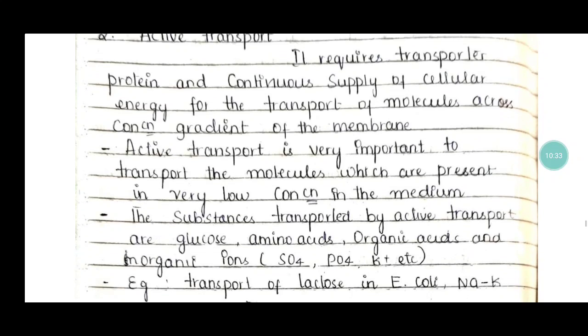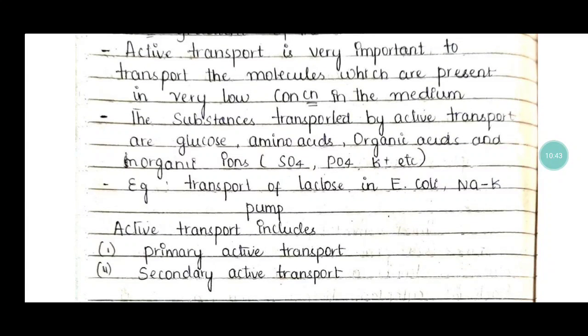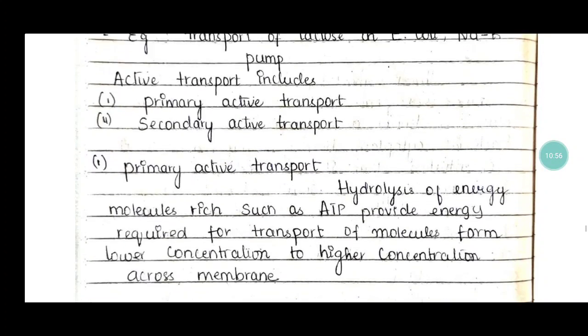The substances transported by active transport are glucose, amino acids, organic acids and inorganic ions. Examples of active transport are lactose transport in E. coli and the sodium potassium pump. So active transport includes primary active transport and secondary active transport.